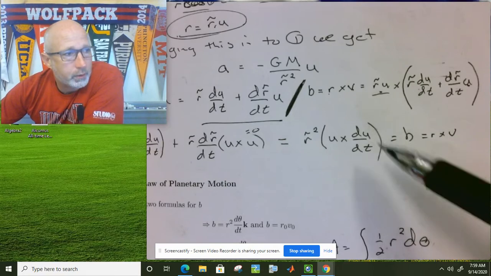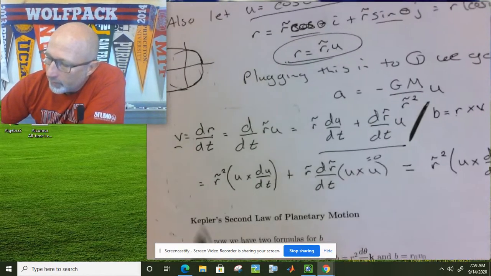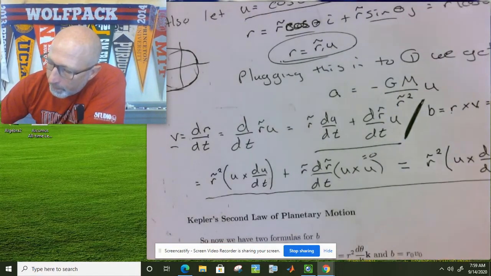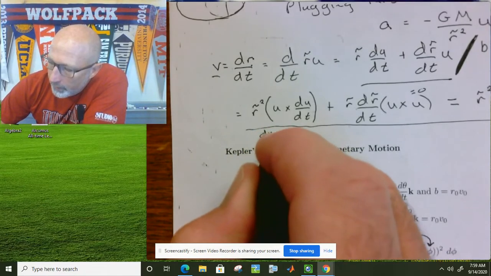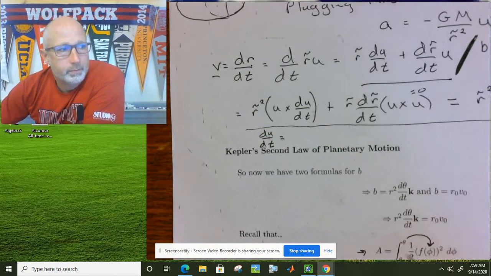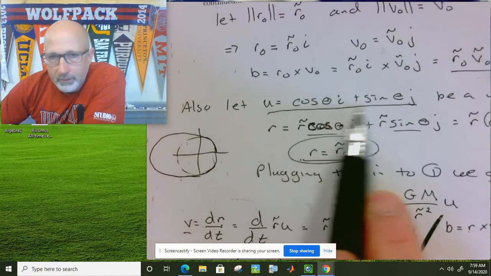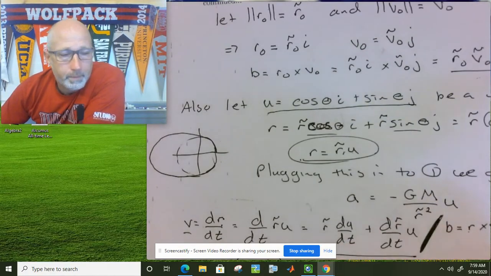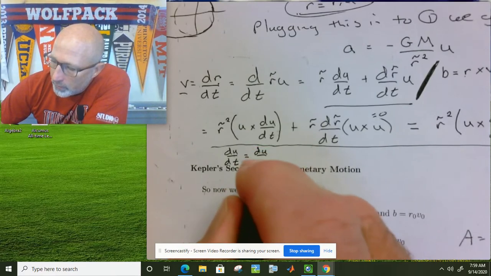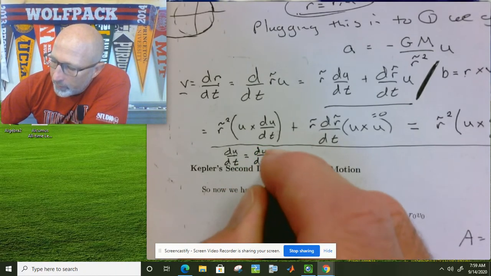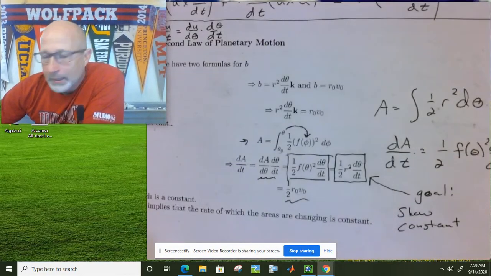Let's take a closer look at this. I'm going to go right here and try to write small. So I have du dt is equal to, I'm going to take the derivative of this thing with respect to t, which means I need to use the chain rule. So this is going to be du d theta, there it is, times d theta dt. Remember what I needed? I needed d theta dt.